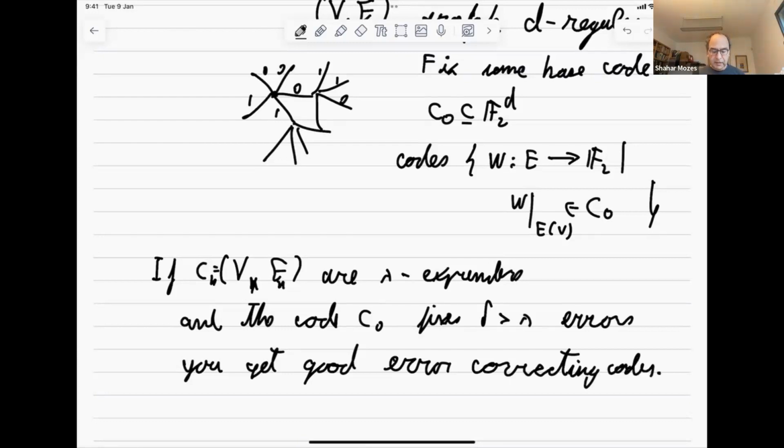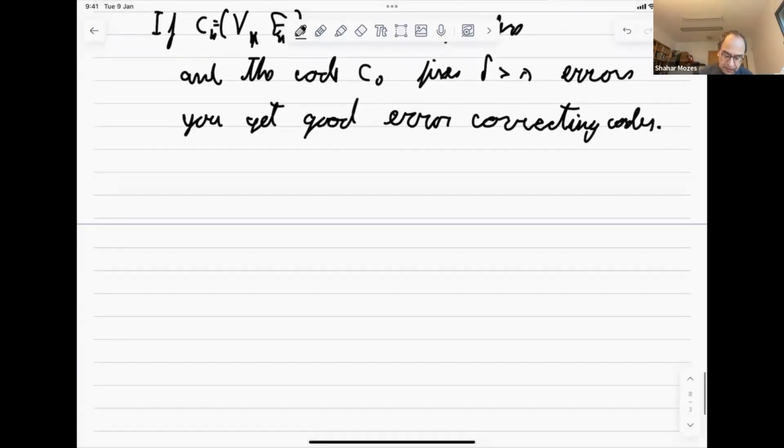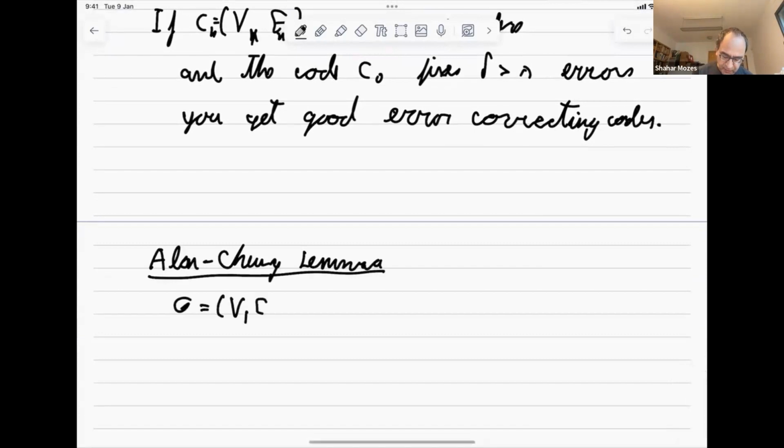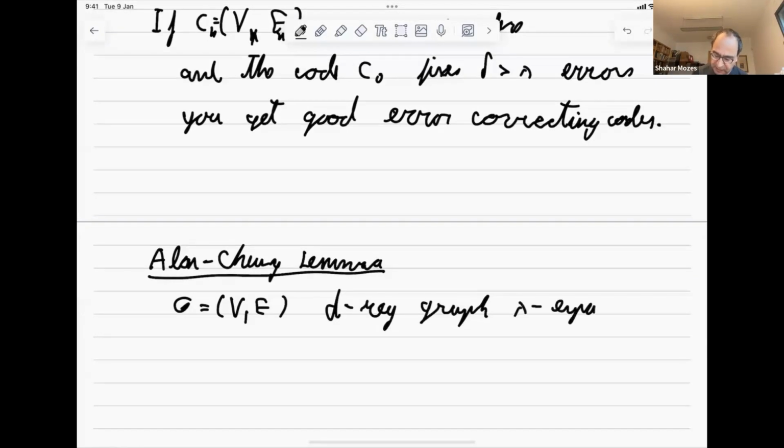So the basis for this is a lemma, what's called the Alon-Chung lemma, which says the following. So we have a graph G, which has vertices and edges. It's d-regular, and a lambda expander, one-sided is enough.